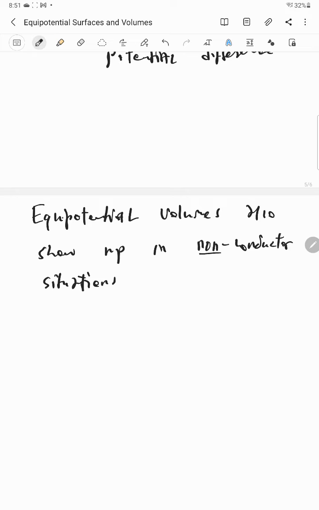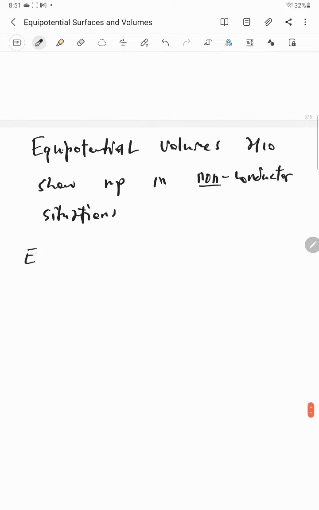So non-conductor situations. And the example, I have two examples. One is based on the shell theorem, right? So for the shell theorem, the idea is I have a uniformly charged sphere.